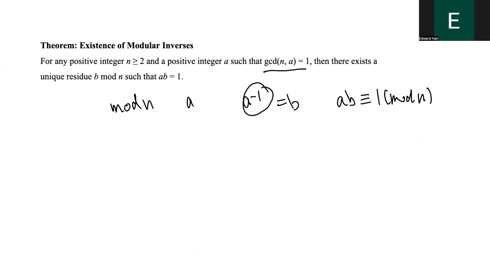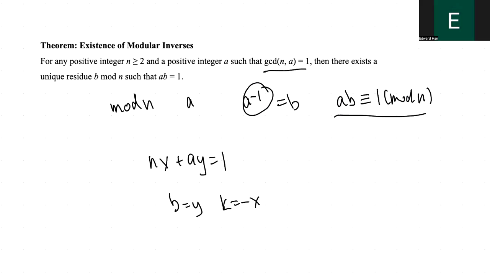So we have nx plus ay equals 1. There exist integers x and y such that this is true. And to change it into this form, we can let b equal y and let k equal negative x.